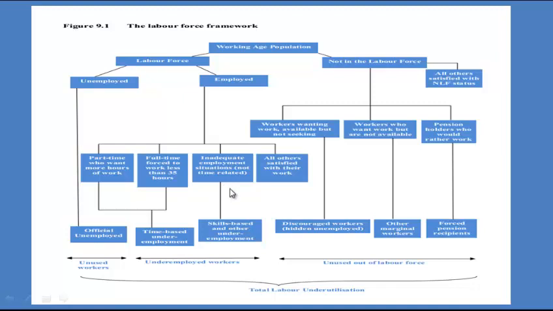They would like to work in a different job which is more suited to their skills, for example. That's another kind of hidden unemployment, in the sense that they could be far more productive, but they're working at a job in which their skills are not used.